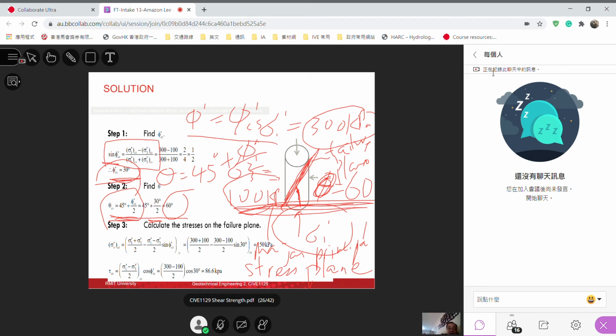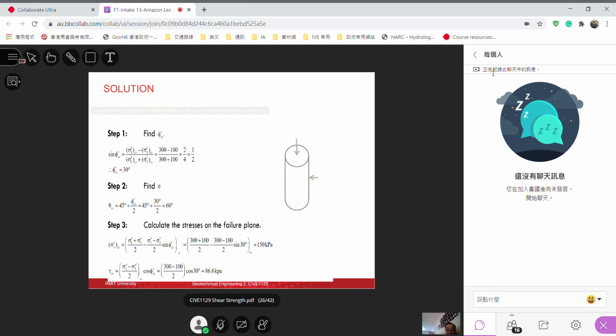Now, furthermore, we want to find out the normal stress at failure and the shear stress at failure. That means at this failure plane, we want to find out what the normal stress at failure is and what the shear stress at failure is.